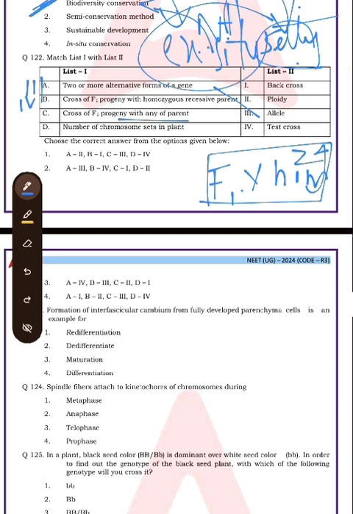Cross of F1 progeny with any parent is just back cross. 1. Number of chromosome sets in a plant. It's called ploidy. So 3, 4, 1, 2 is option 2.